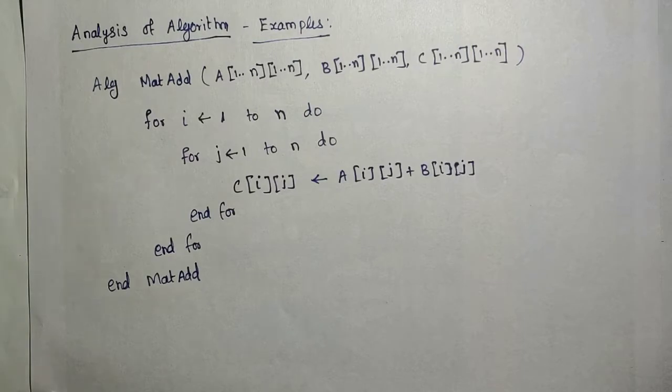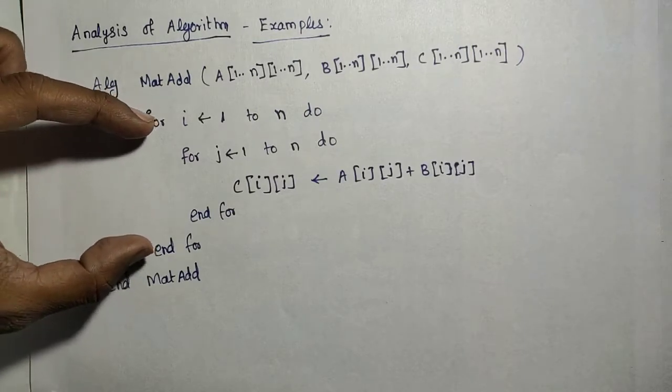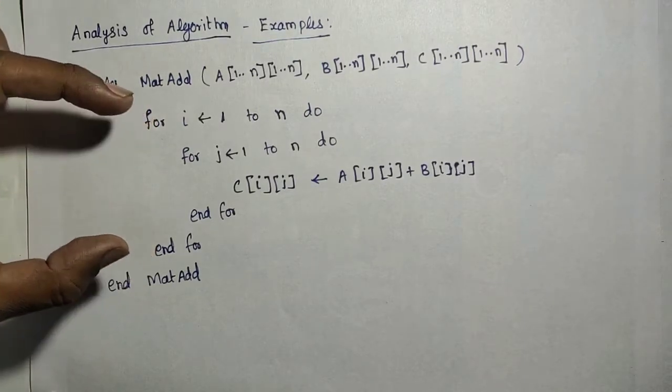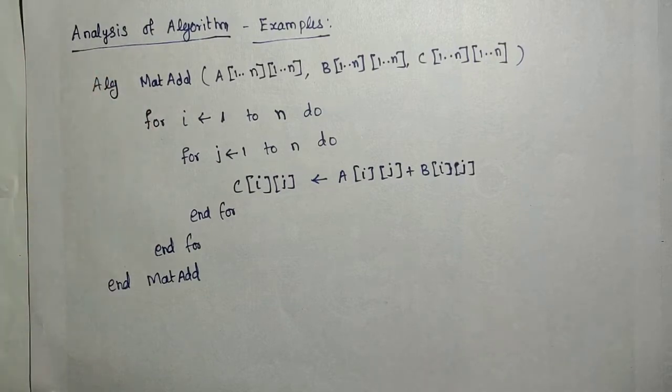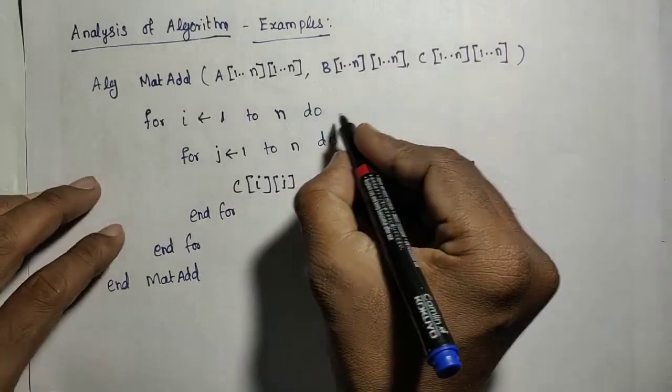So we can simply count the number of iterations for every loop, how many times the loop is going to be executed. For that you can use the formula upper minus lower plus 1.